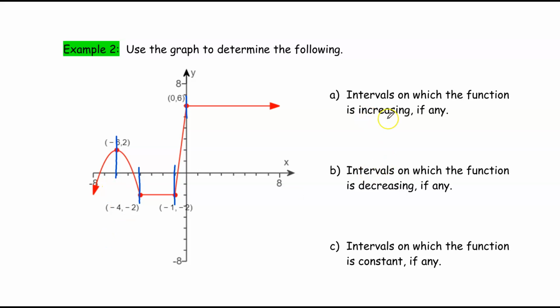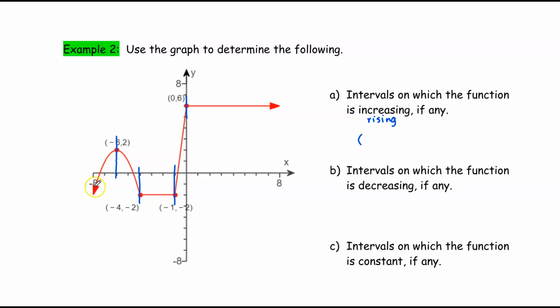Now, for increasing, that means rising. The intervals for which the graph is rising, and always write an open interval. So the graph is rising, and also you have to start from left to right. So from left to right, look for the part of the graph where the function is rising. So in this case here, it's rising.